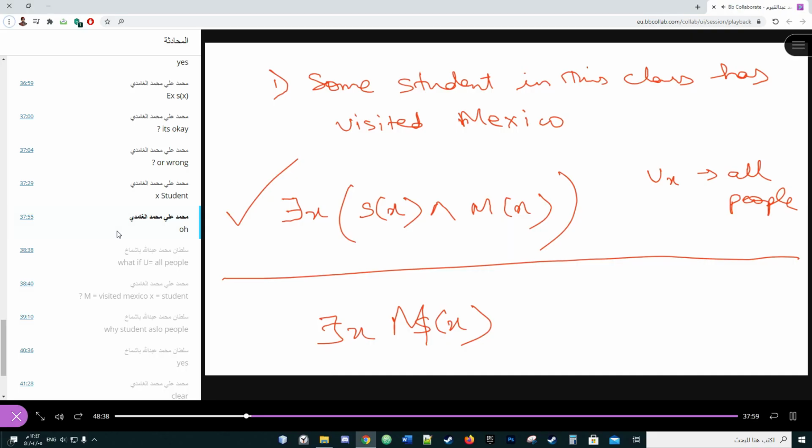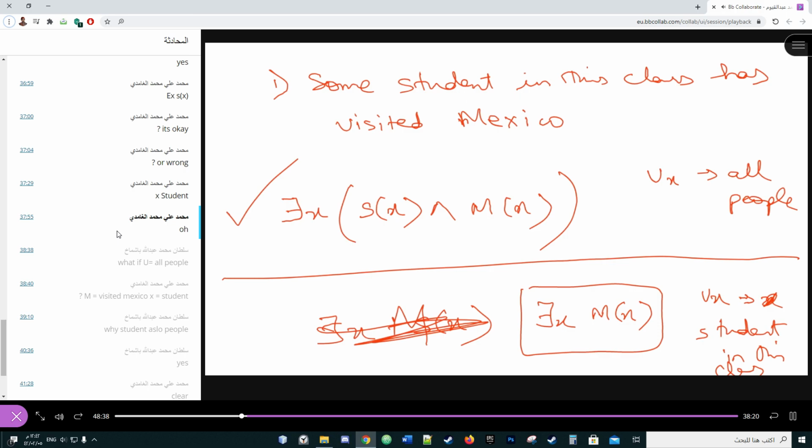But if I say this, where X is the domain of students in this class, now it is okay. So it says there is some X where X has visited Mexico. Who are X? Students in this class. So the first one is also correct.